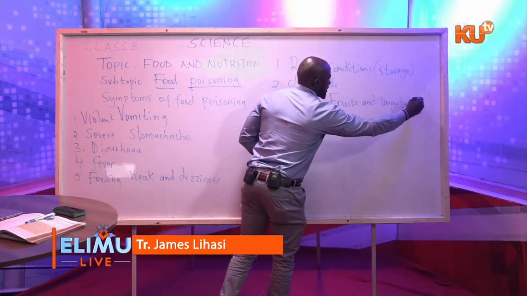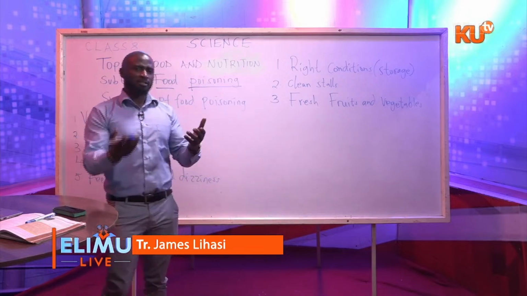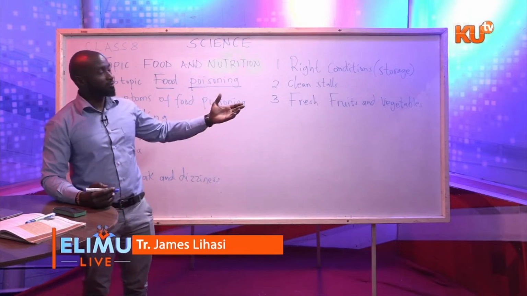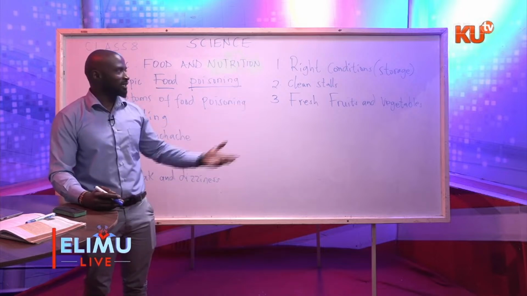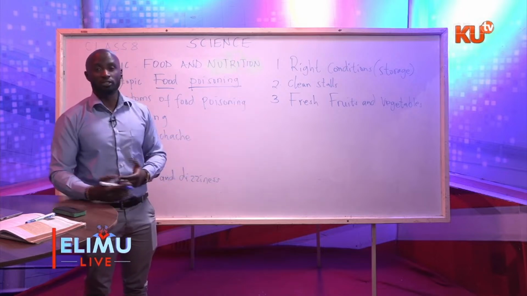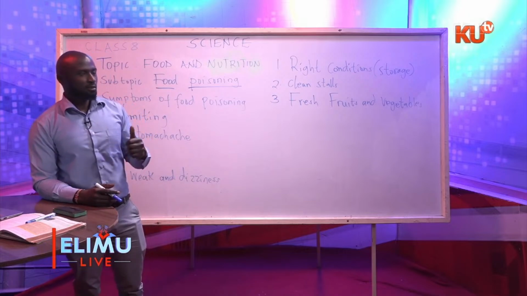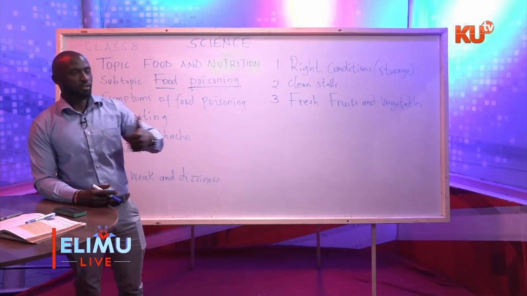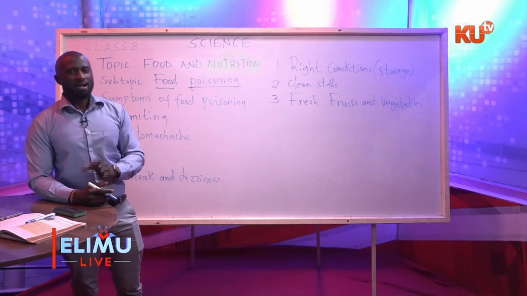Make sure they are fresh. Someone may ask me, but I need to buy, for instance, mangoes, but they're not in season. So it's advised, if you're getting fruits especially, get a fruit that is in season. Because the one that's out of season, if not well stored, definitely will lead to food poisoning.